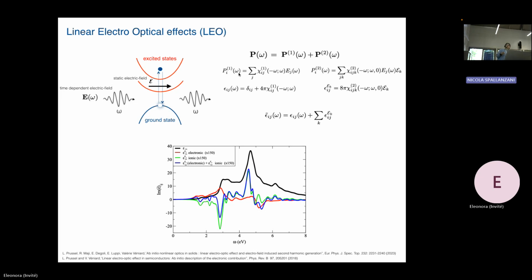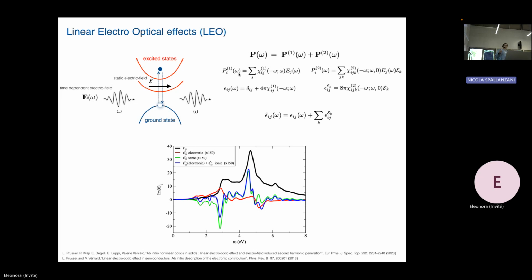Here is just an example of calculations. The black one is the standard linear response, epsilon xx. And then these others that come out are the effects of LEO. That of course is very small, so I have to make these 150 times bigger to see them, but they are not zero. They are supposed to be zero, but they are not.